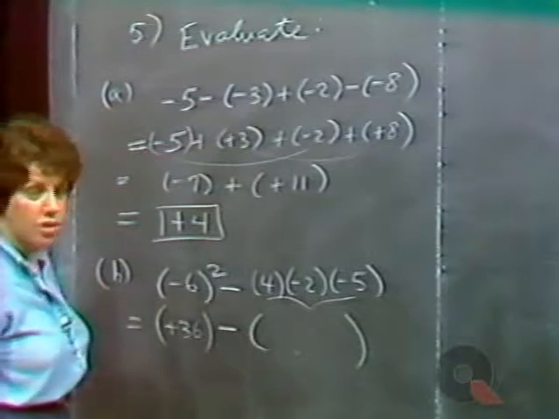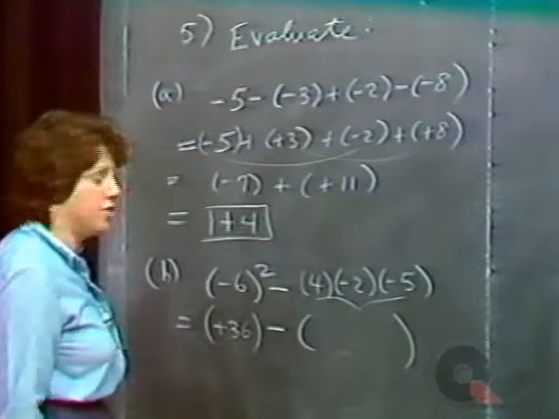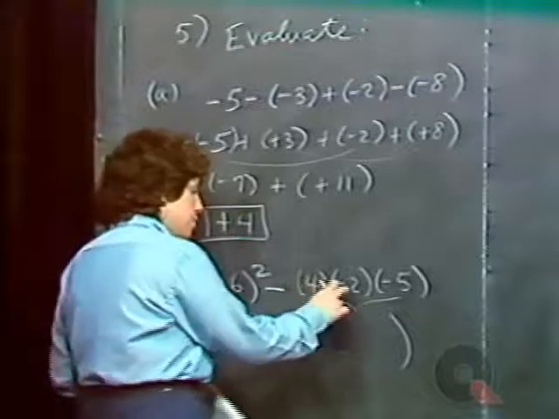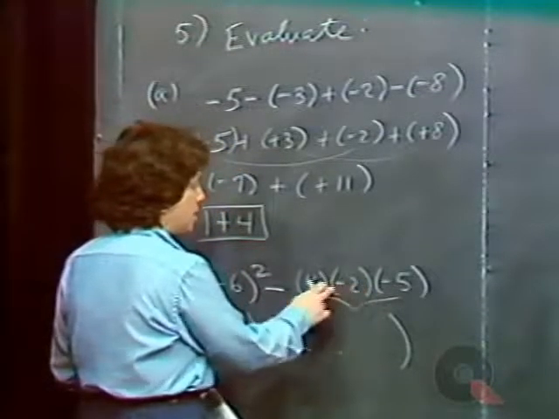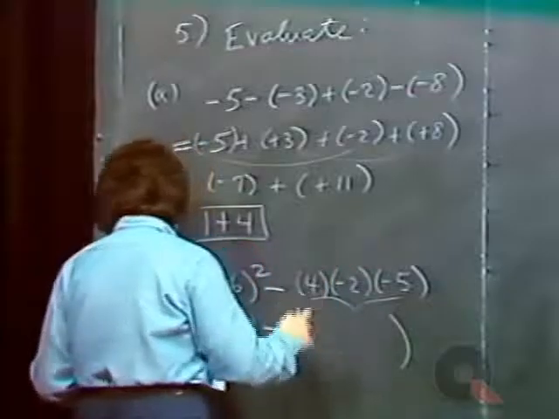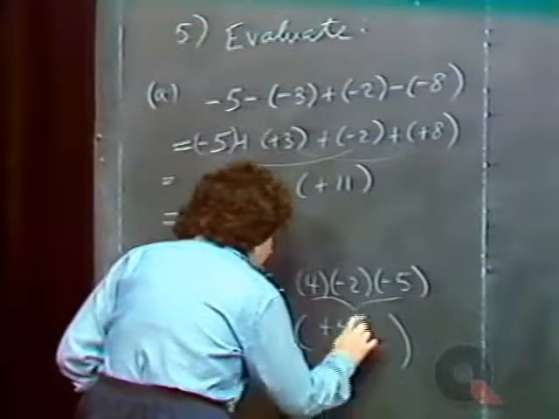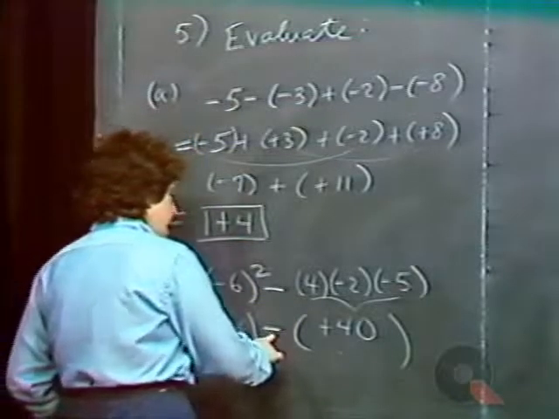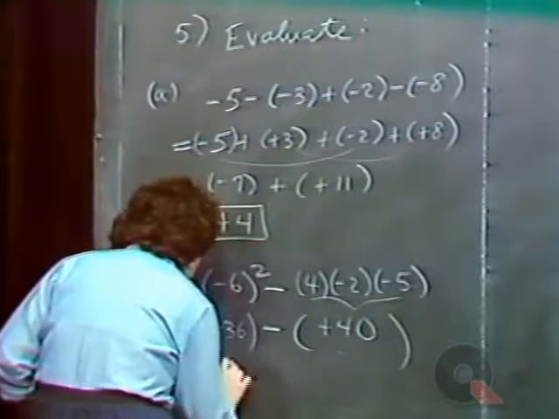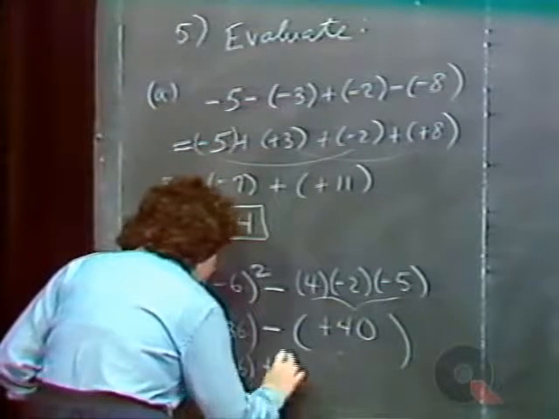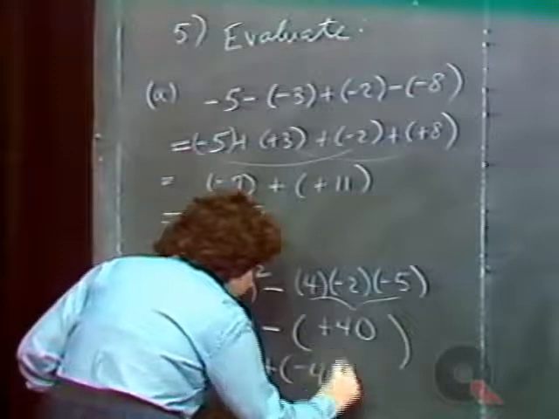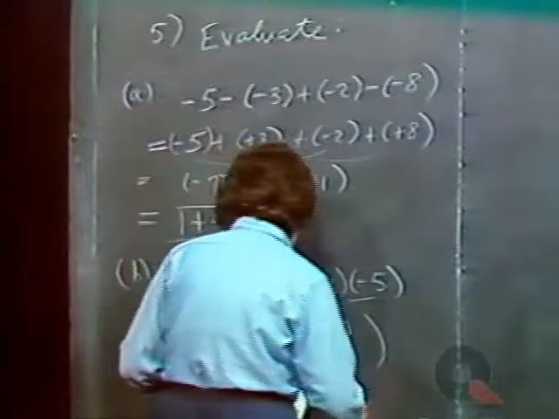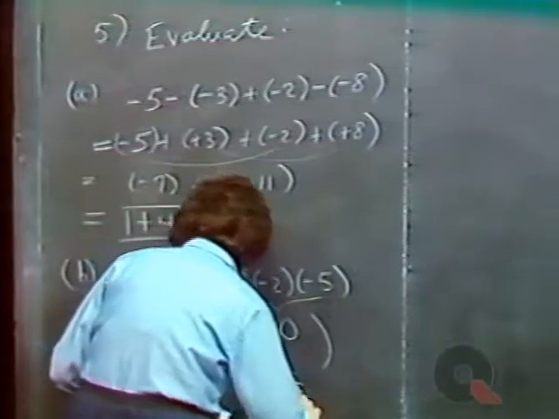Remember, multiplications and divisions precede additions and subtractions according to order of operations. Well, 4 times minus 2 is minus 8 times minus 5 is plus 40. So we have plus 36. Subtracting a plus 40, that's plus 36, and then add the opposite, add a minus 40, plus 36 and a minus 40 for an answer of minus 4.